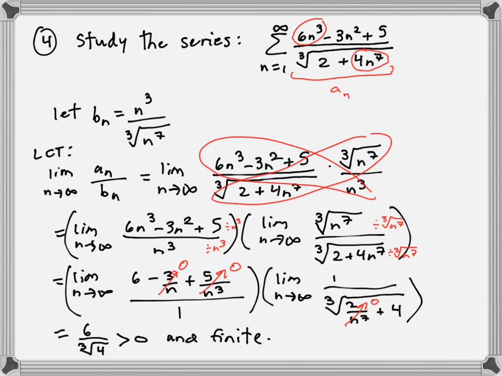Remember, the whole point of doing this was because we wanted to study this guy instead, right? This guy is easier to study. And we just concluded that they must behave similarly, right? So let me write that down. By the limit comparison test, an and bn behave similarly.